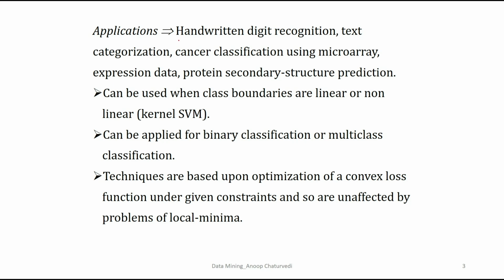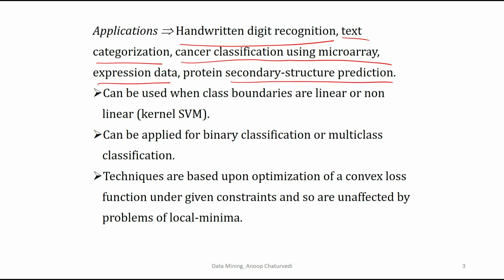It has several applications. For example, you can apply support vector machine for handwritten digit recognition, text categorization, cancer classification using microarray data, and for protein secondary structure prediction also. We can use support vector machine when the class boundaries are linear as well as nonlinear.